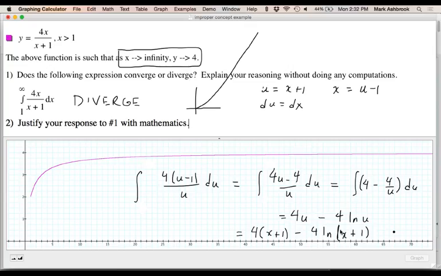And now we're going to take the limit as x gets really, really big of this, right? So our limits of integration are going to be 1 to a, limit as a gets really large, 1 to a, and then all we need to see is this very first term right here, 4x. 4x is going to be 4a, and as a gets really, really large, 4a gets really, really big.